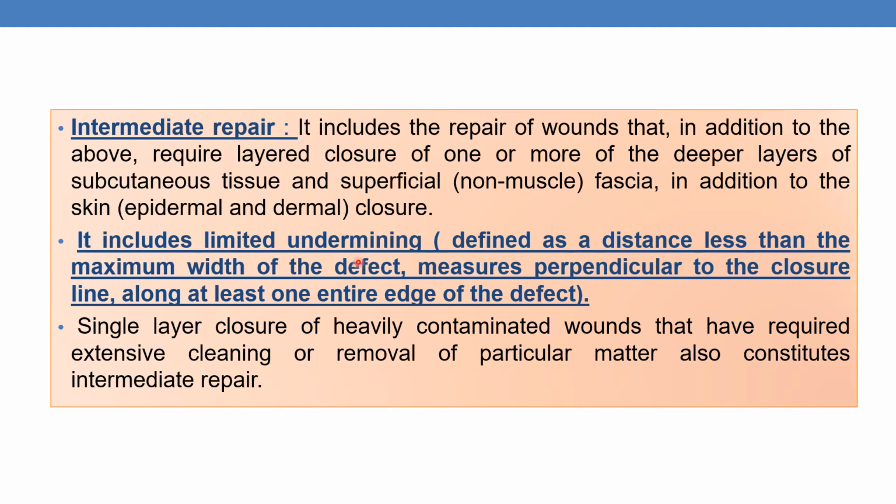It includes limited undermining. What is limited undermining? Limited undermining is defined as the distance less than the maximum width of the defect, measured perpendicular to the closure line along at least one entire edge of the defect.